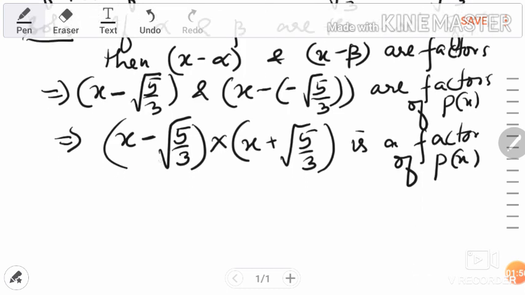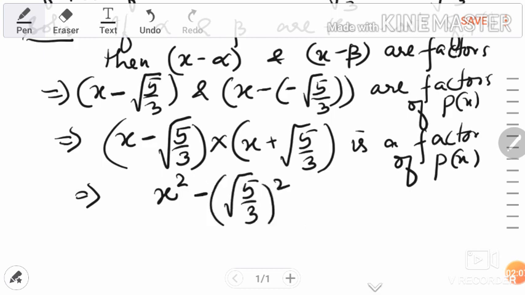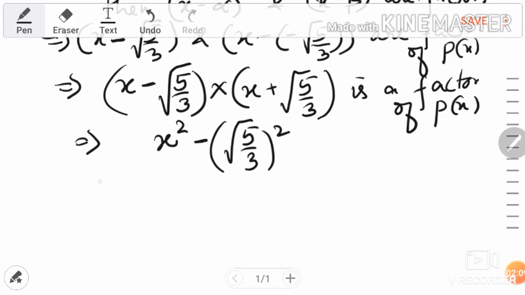Now this is same as a minus b into a plus b. So this is equal to x square minus root 5 on 3 square. This can be written as x square minus 5 on 3.